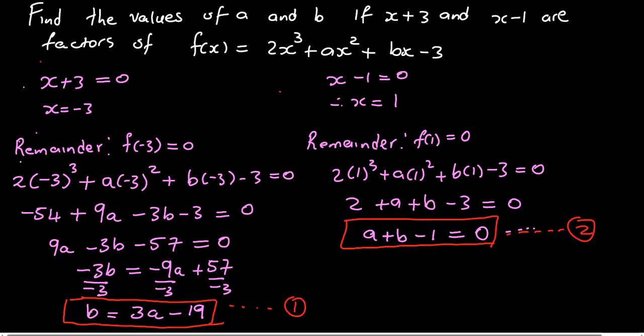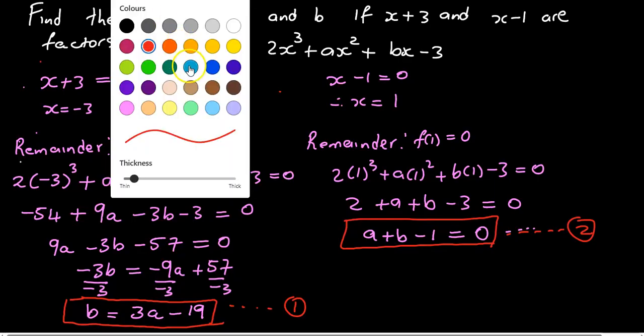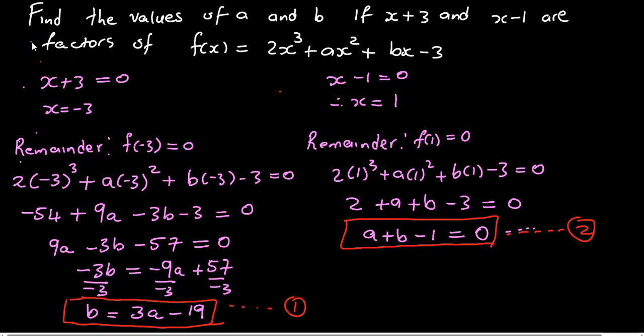Let us quickly work on that. I'm going to substitute b equals 3a minus 19 into equation 2. So this will be a, where there's b, we put positive 3a minus 19, minus 1, equals 0.